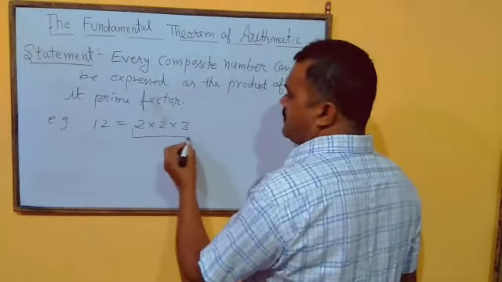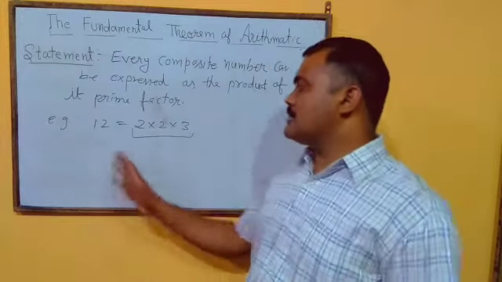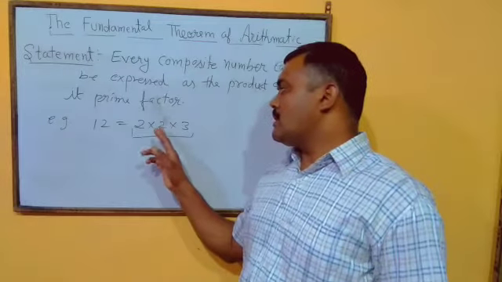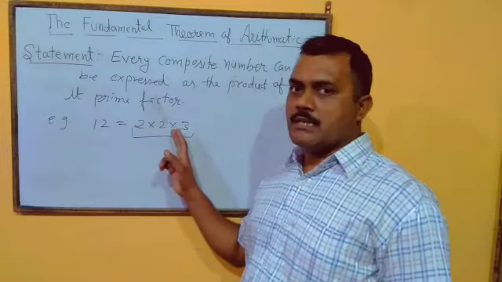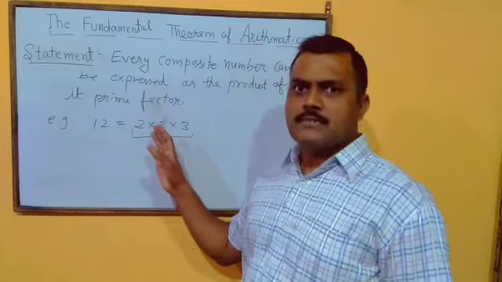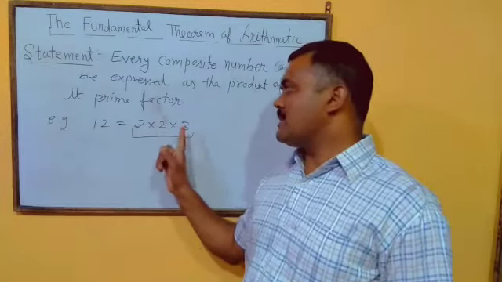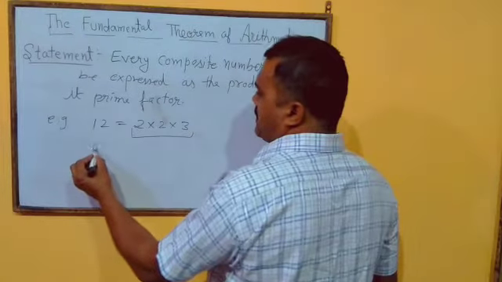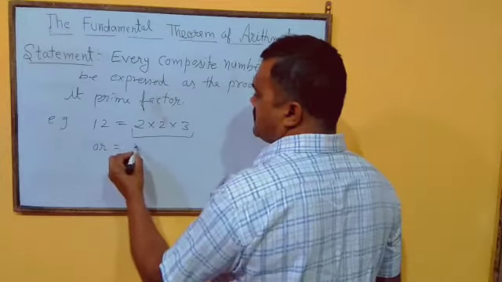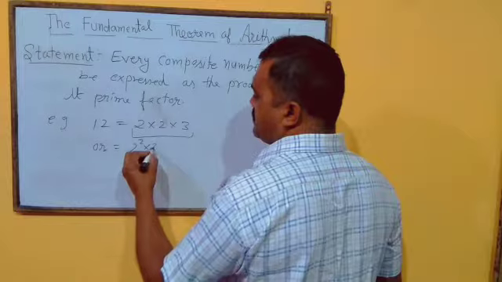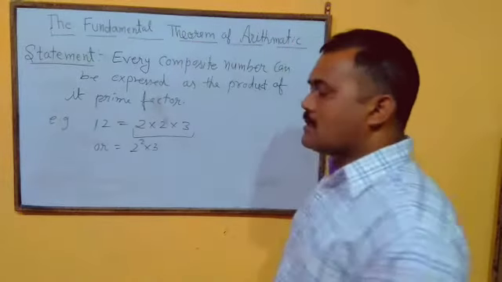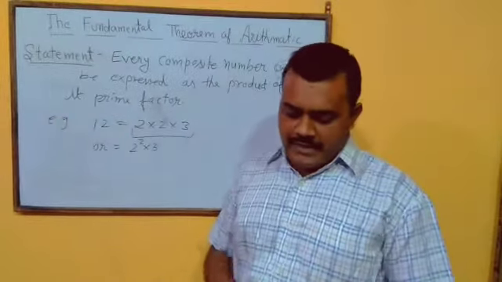So whenever you try to factorize 12, you will always have 2 multiplied by 2 multiplied by 3. The order may be changed, but the numbers will be the same. 2 will be 2 times and 3 will be once, or it can be written as 2 raised to 2 into 3. So this is called the theorem of unique factorization.